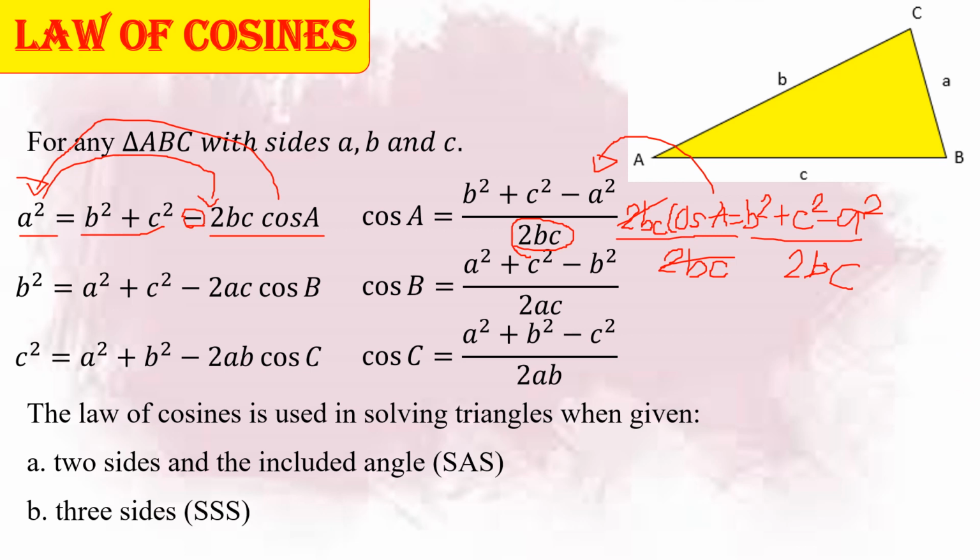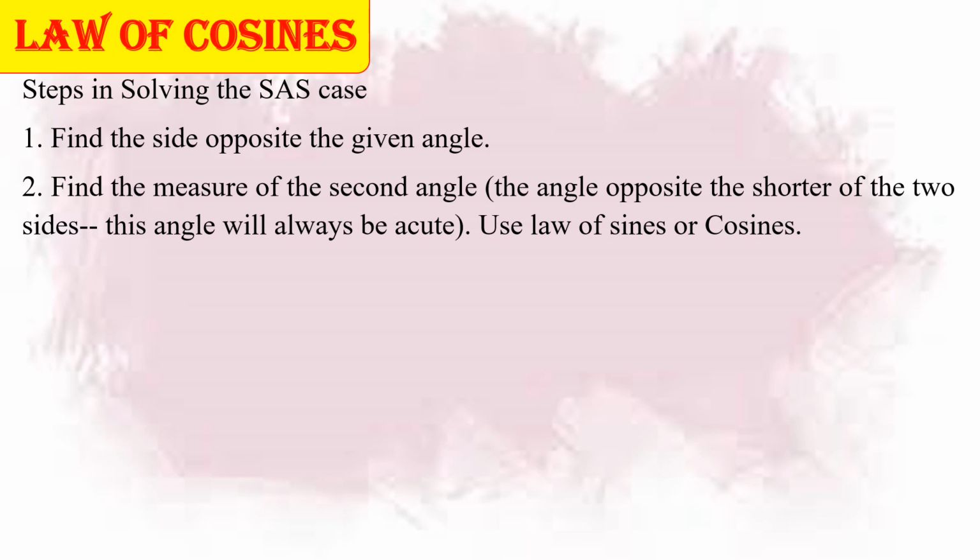So, the law of cosines is used in solving triangles when given, letter A, 2 sides and the included angle, or the SAS, and then letter B is the 3 sides, or the SSS. So, here are the steps in using the law of cosines. Steps in solving the SAS case. So, first is, let's find the side opposite the given angle.